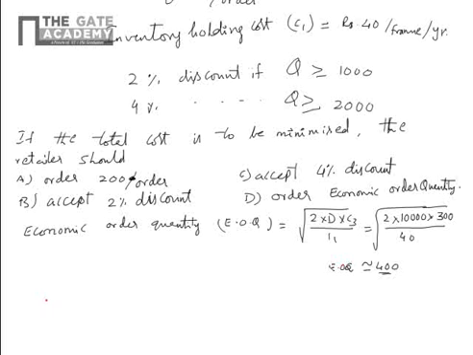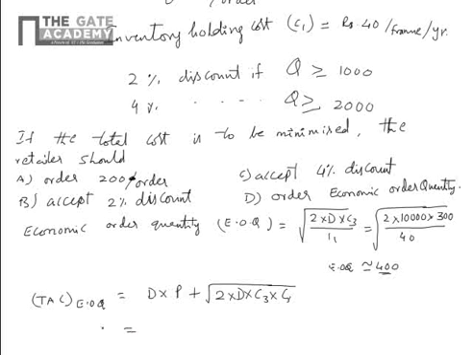So you need to calculate the total annual cost at economic order quantity, which is nothing but D into P plus square root of 2D C3 C1.